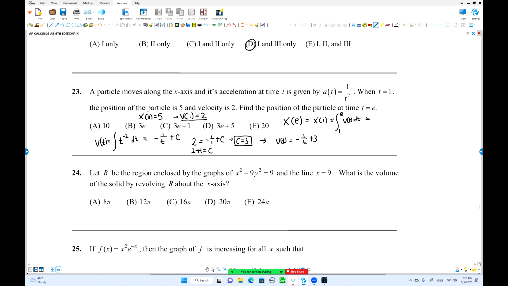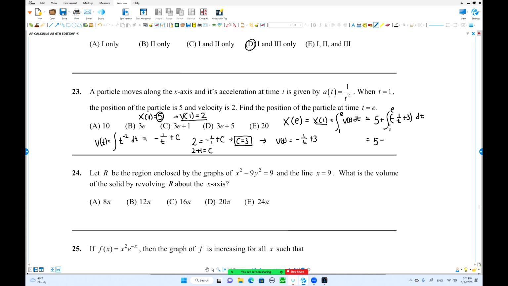Now put this velocity in the integral. This is now x of 1, the initial position, which is 5, plus the integral from 1 to e of negative 1 over t plus 3, dt. So what is the antiderivative of 1 over t?